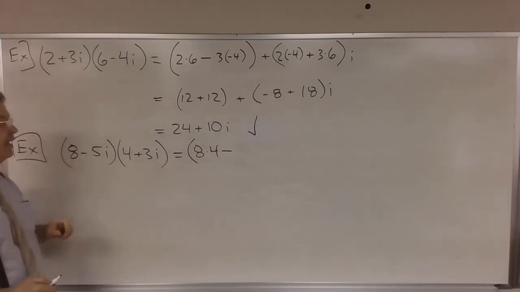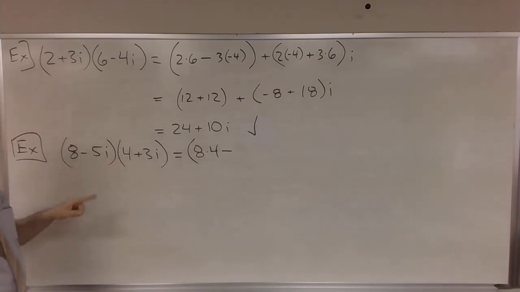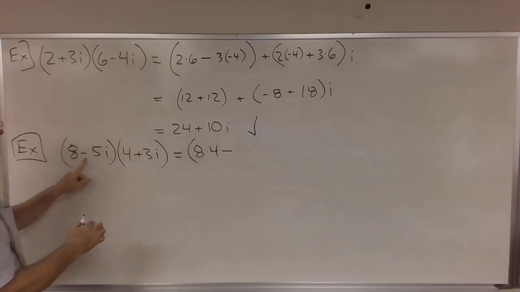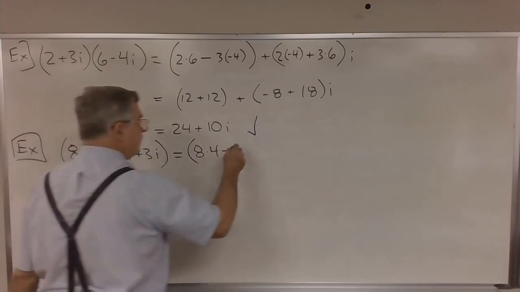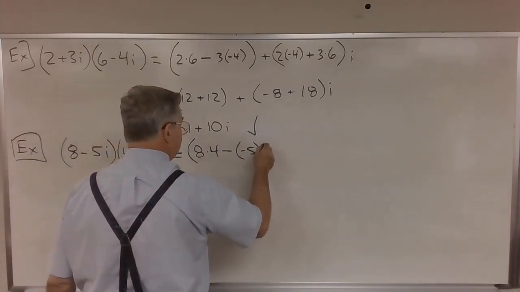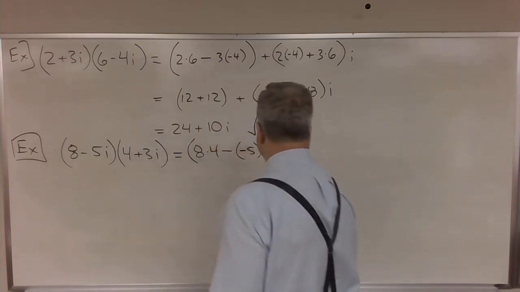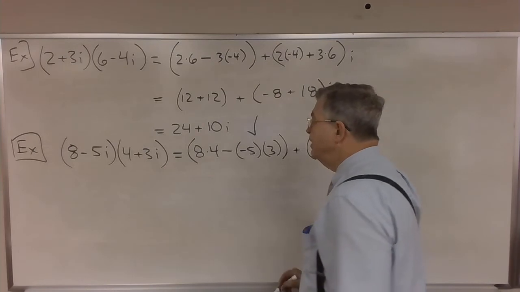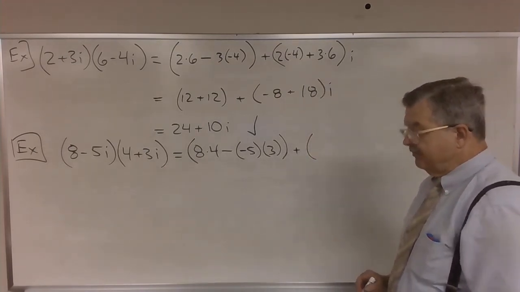So product of the real parts minus product of the imaginary parts, and that's -5 times a +3. Okay, there's the real part of our product. Now we do the imaginary part.